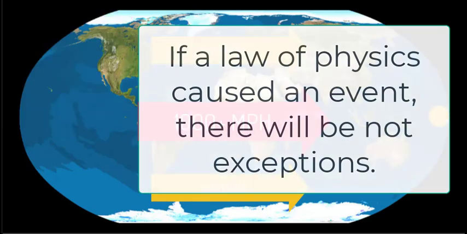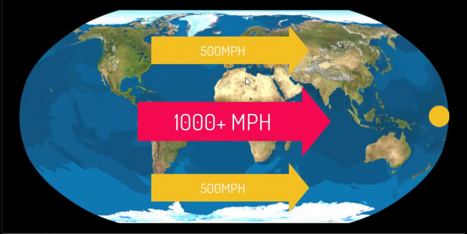If this is what causes low pressure systems to spin counterclockwise in the northern hemisphere and clockwise in the southern hemisphere, because the Earth is spinning faster at the equator than it is at other latitudes, like in this picture.